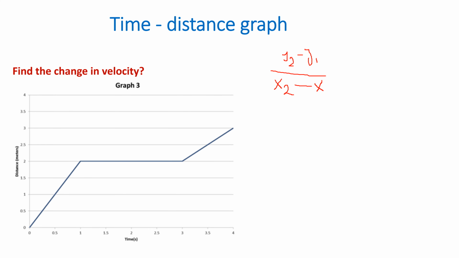And we would use the same concept for this, but by using the velocity equation, which says delta velocity, or the change in velocity, equals the change in displacement divided by the change in time.